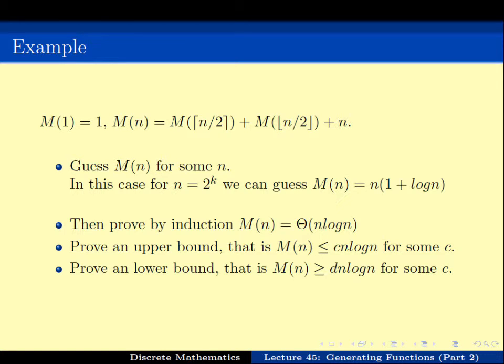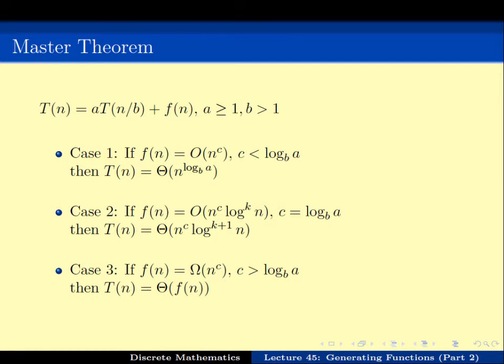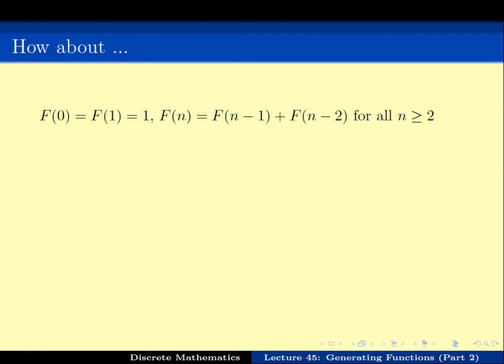Now, this is good if the formula has some nice expression for some particular n. We saw the master theorem, which helps us to identify or guess the formula when the expression is of a particular kind. But what do we do when we have a formula like this? f0 equals 1, f1 equals 1, and fn equals fn minus 1 plus fn minus 2.